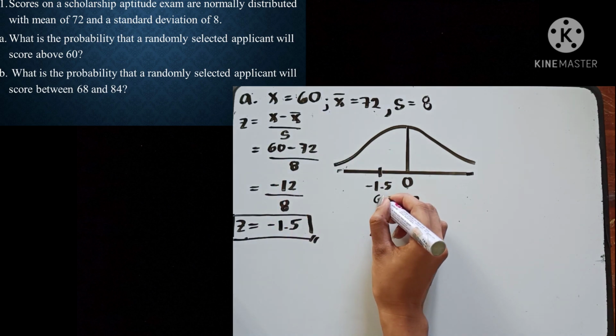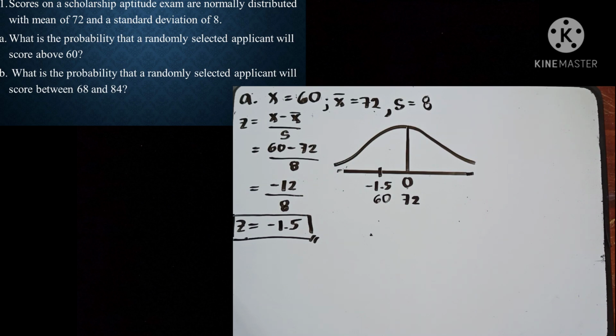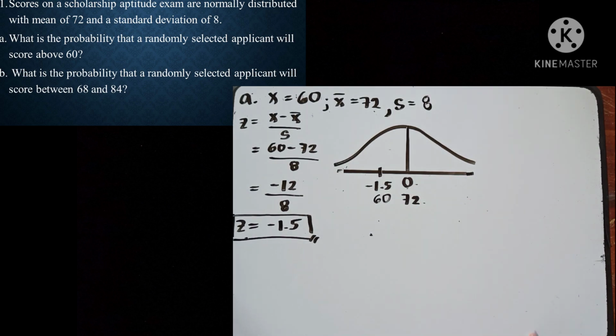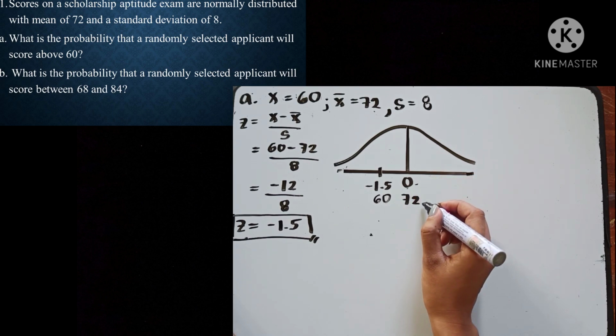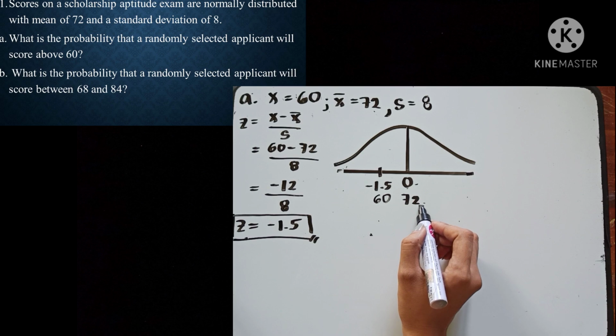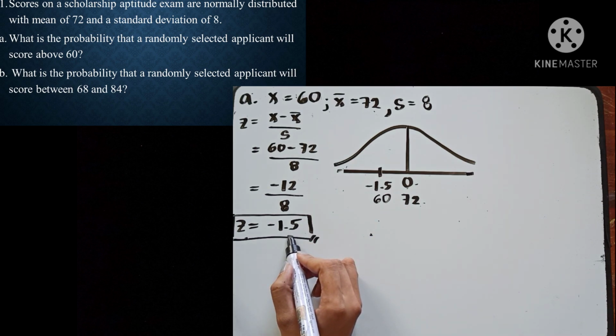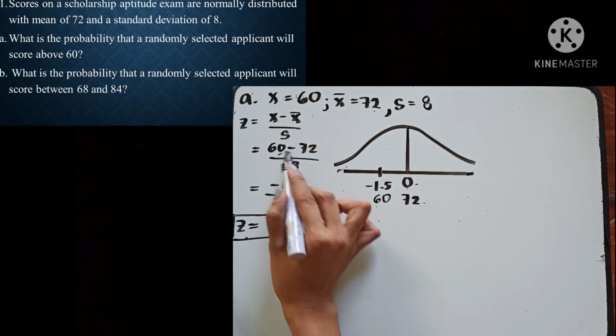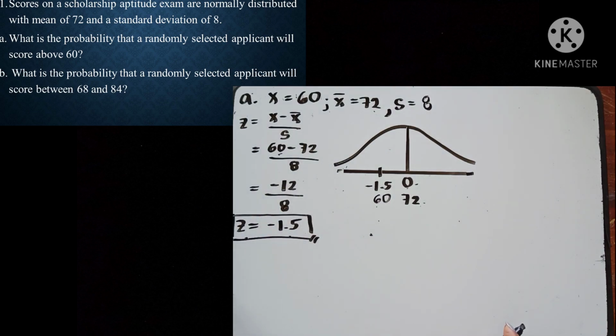So, z-score yung nasa taas, yung nasa baba niya is yung raw score. 0 pagdating sa z-score, pagdating sa raw score, yung mean natin ay 72. Negative 1.5 pagdating sa z-score, pagdating sa raw score, ang value nito ay 60.